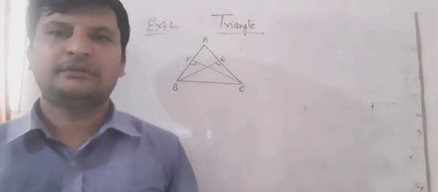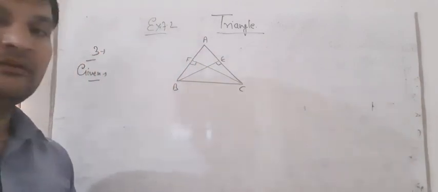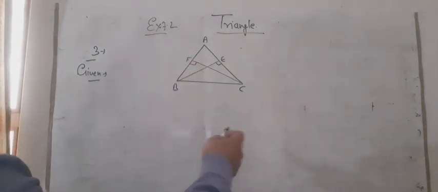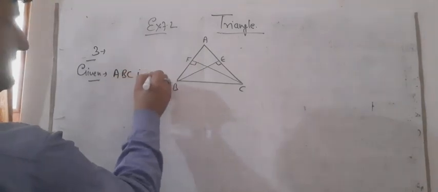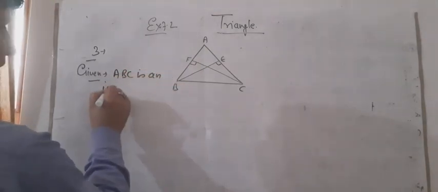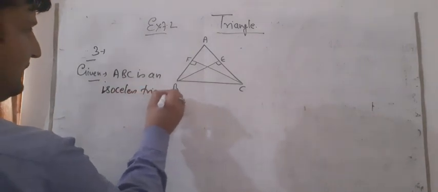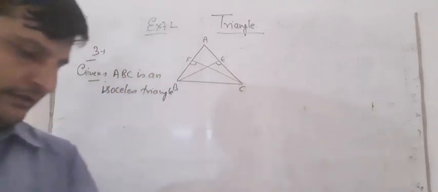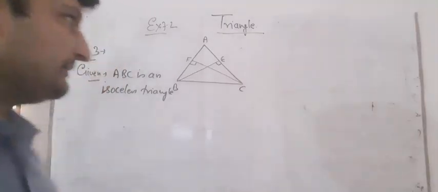Students, for making the triangle it is taking much time, so I have made the triangle of this one. Question number 3, it is given that ABC is an isosceles triangle, and altitudes BE and CF are drawn to equal sides.